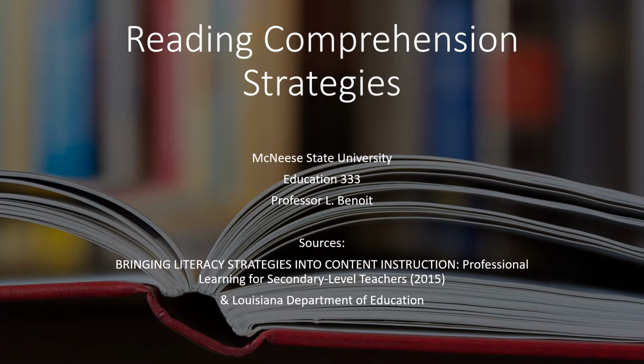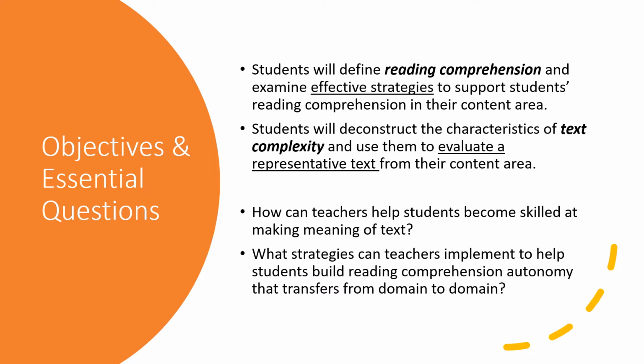All right, this week we're going to jump into some reading comprehension strategies, and we're going to be specifically focusing on the text itself. Sometimes we overlook that critical part when we're talking about comprehension. We're going to define reading comprehension, and we're going to examine effective strategies to support students' reading comprehension in their content area.